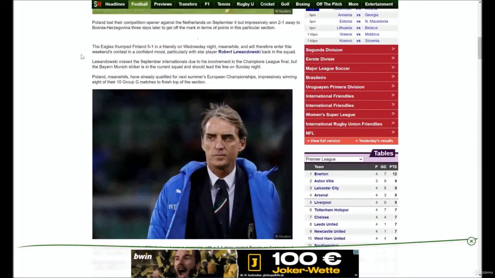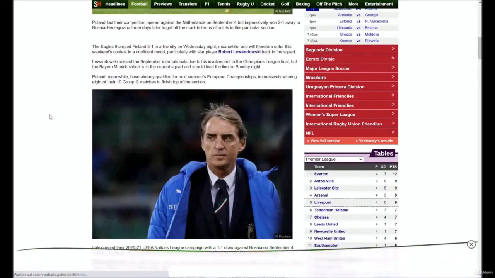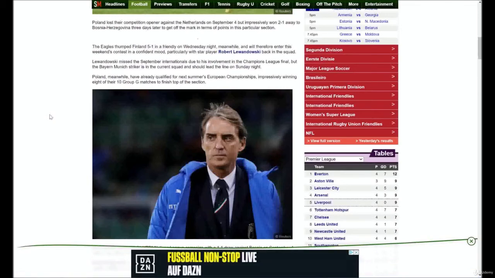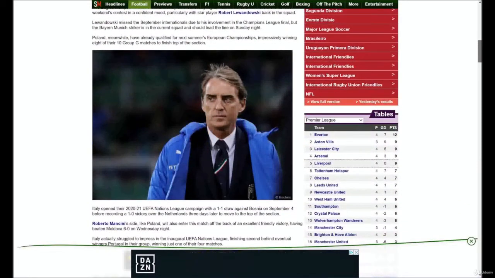It's very important. This is why I specifically looked for lineup. Robert Lewandowski is back in the squad. Lewandowski wasn't on the team the last matches, and Lewandowski is probably the strongest player right now, at least in Europe, maybe in the world.